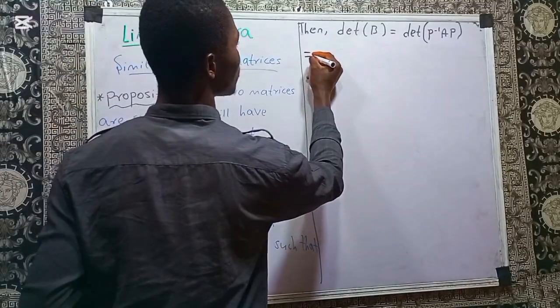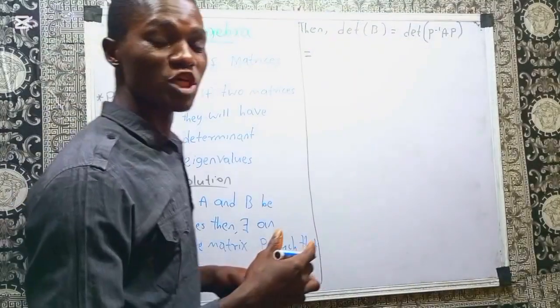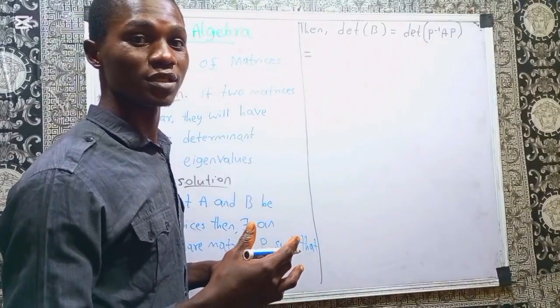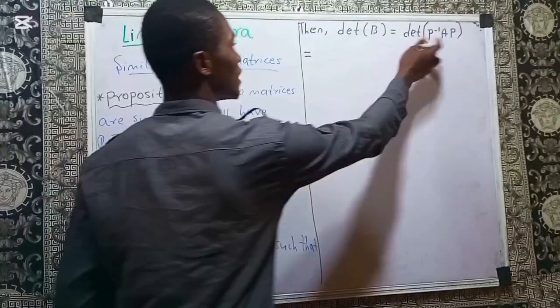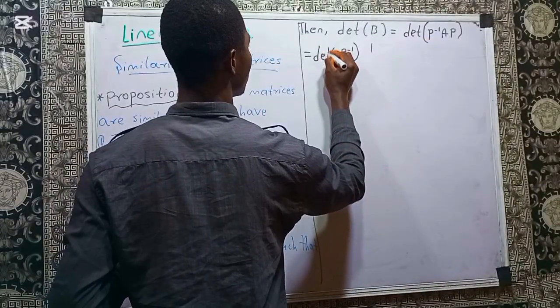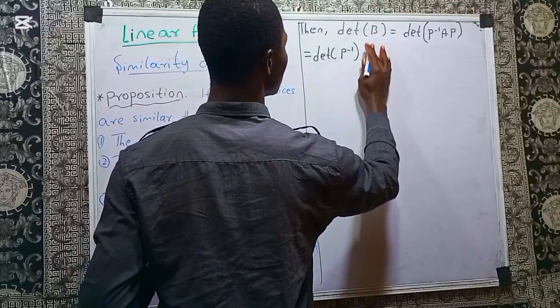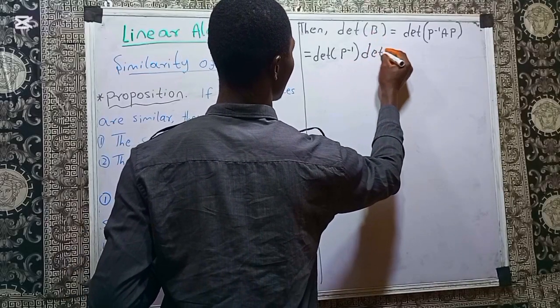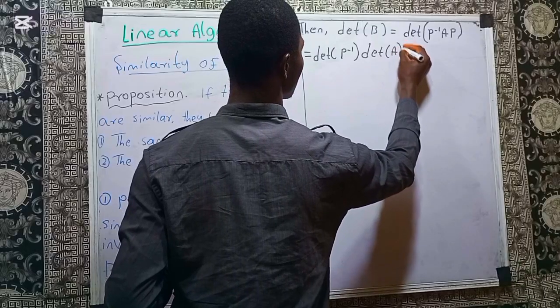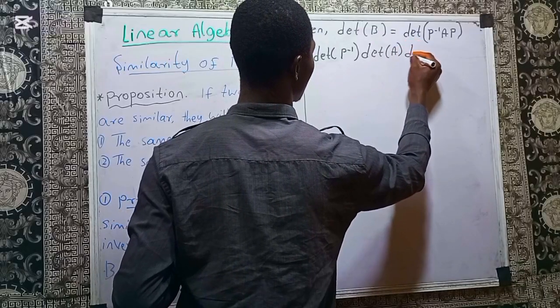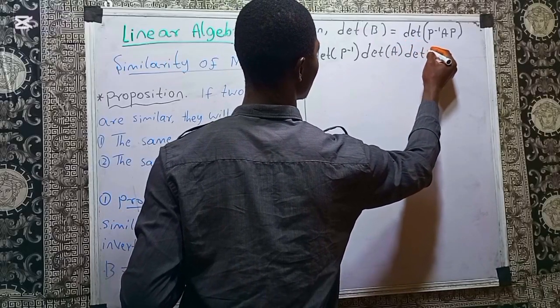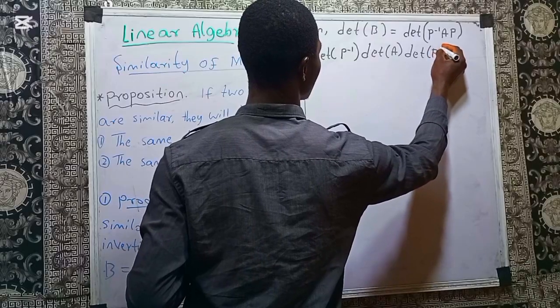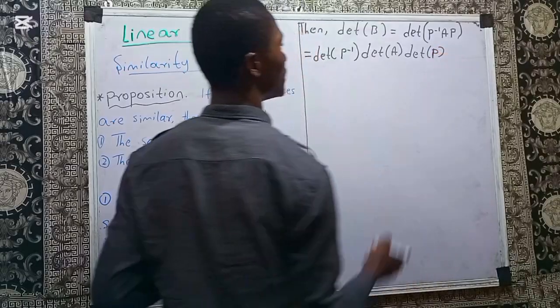So this will be equal to, determinant of a product is the product of their determinants, right? So this is determinant of P inverse, then multiplied by determinant of A, then multiplied by determinant of P, right?